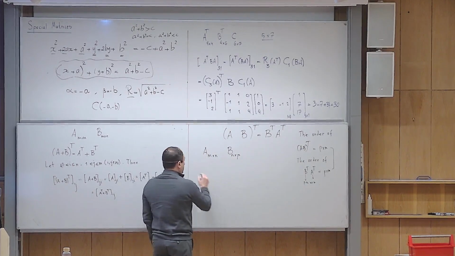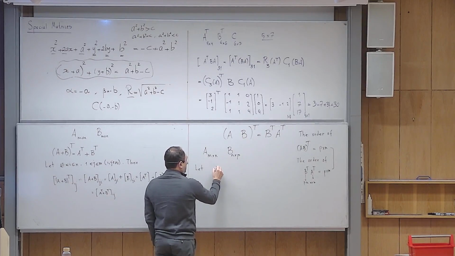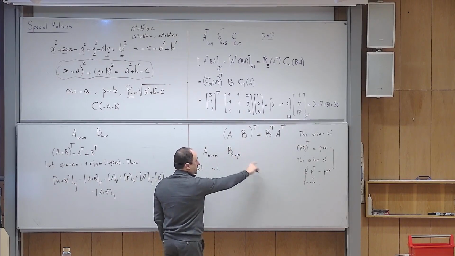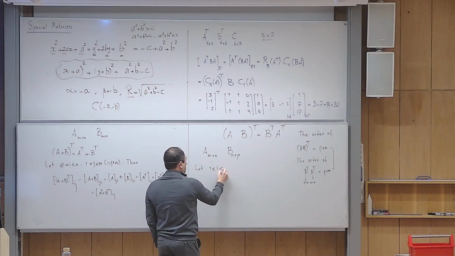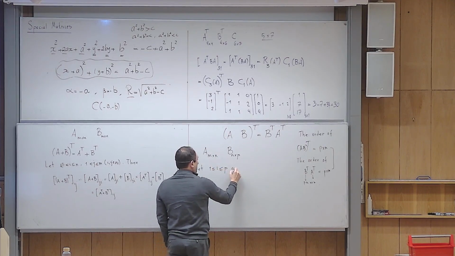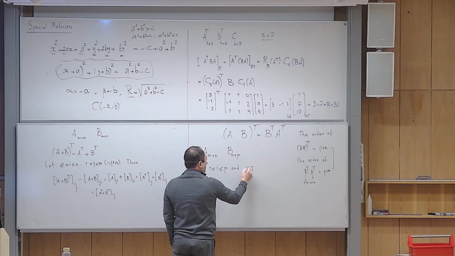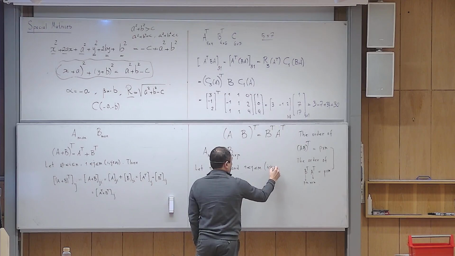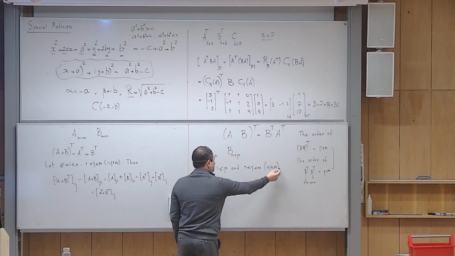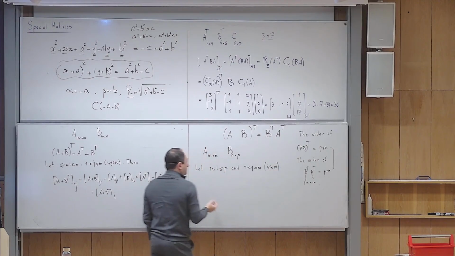Now, the left-hand side has this order, p by m. So let i be between 1 and p, and j be between 1 and m. Of course, i and j are natural numbers. Now, I want you to do this for me.